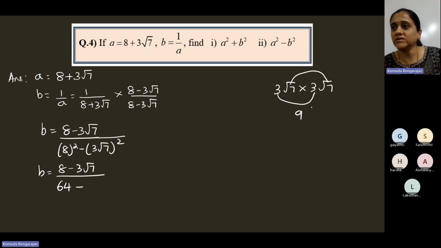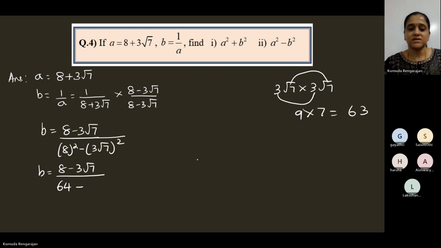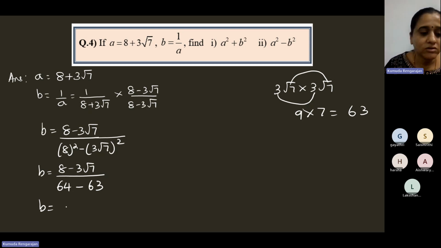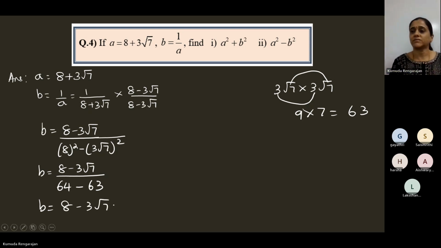Root 7 into root 7 is 7. And 9 sevens are 63. So B is equal to 64 minus 63 is 1. So B is 8 minus 3 root 7.